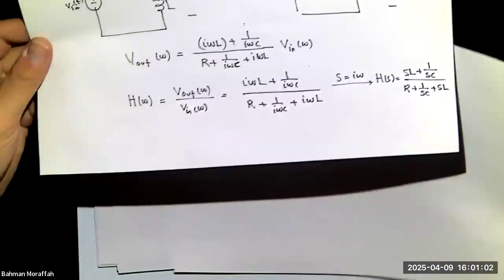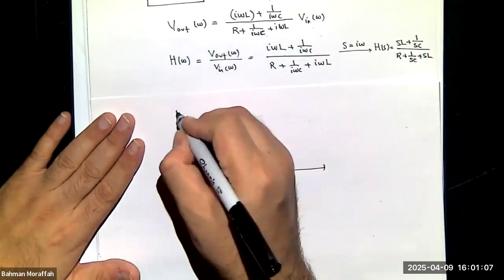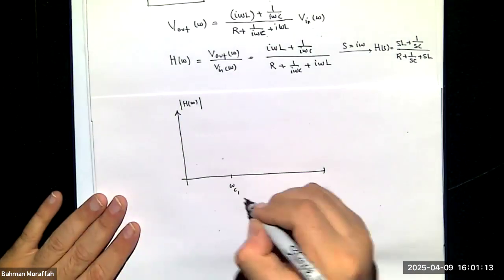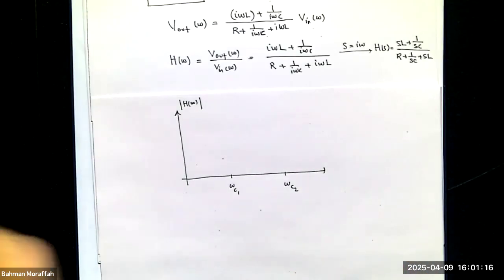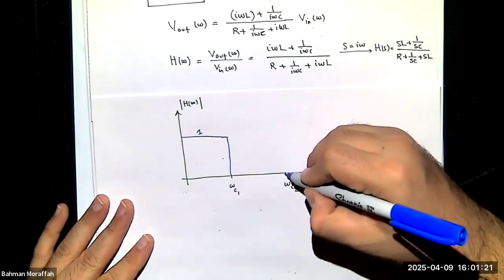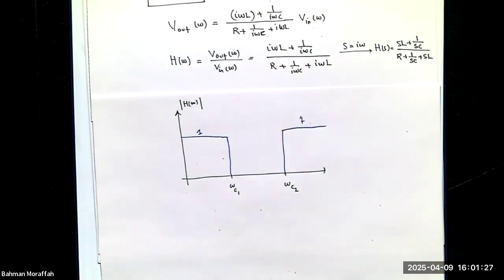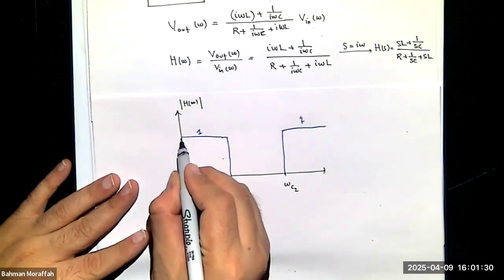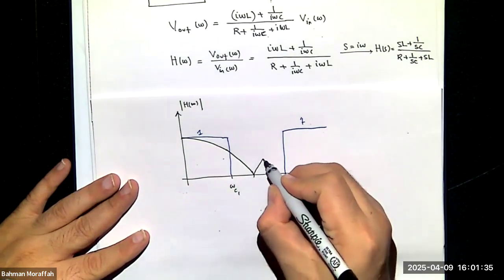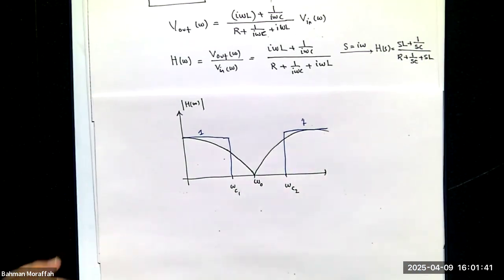And if you draw the magnitude of it, if this is omega C1, this is omega C2, I know the ideal filter would look like this. But this is the smoothed out version of it. So it would look like this. Right? And we call this omega naught.